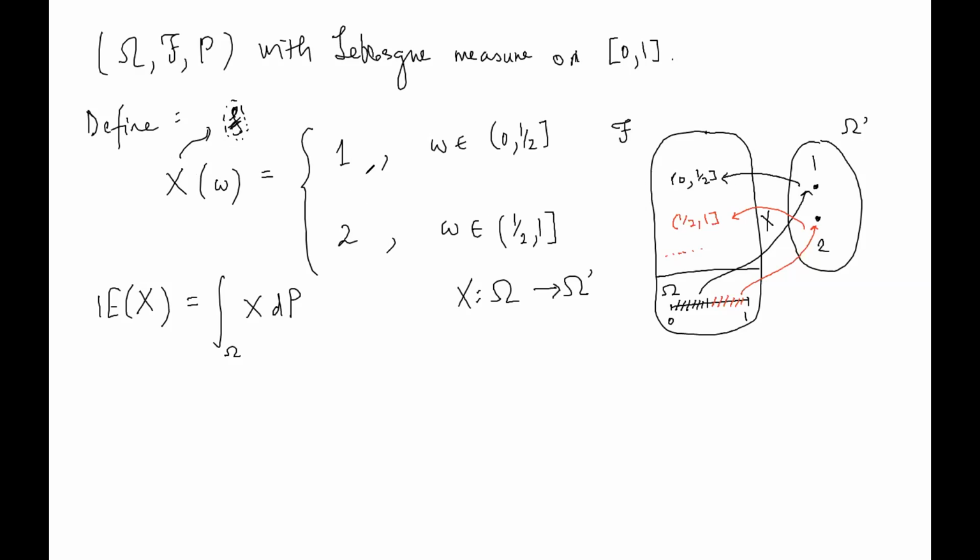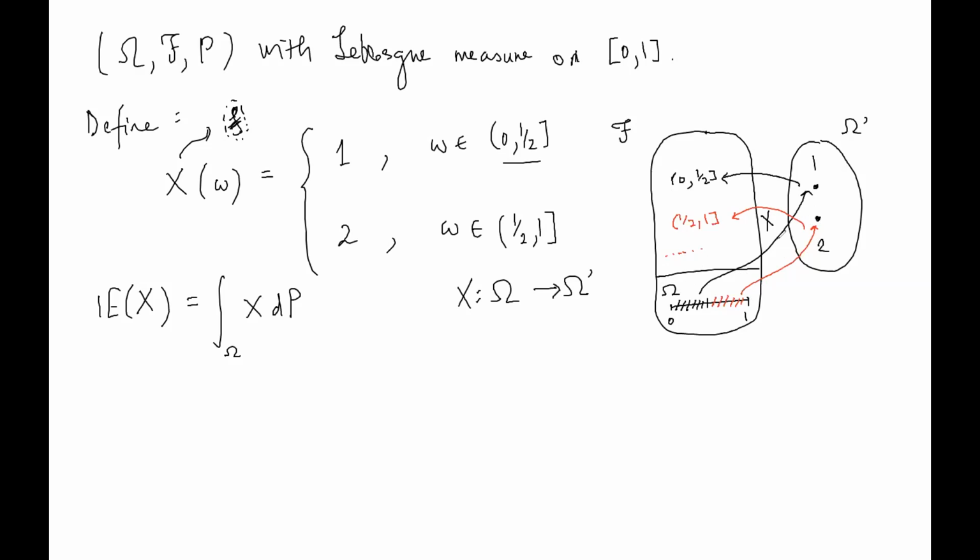If you look at it from a graphical point of view, later. But with respect to the probability triple, you have your sigma field and then your omega. You take your function x, you take this segment, 0 to 1/2, and you map it to 1. That means all values between 0 and 1/2 you will map to 1, and all values between 1/2 and 1 you will map to 2, okay?